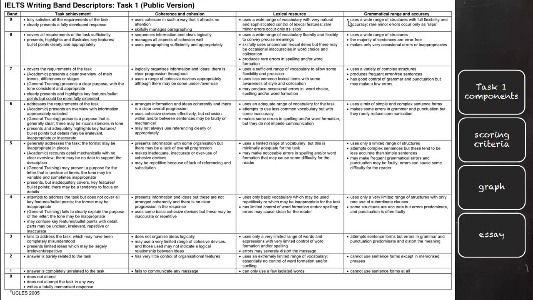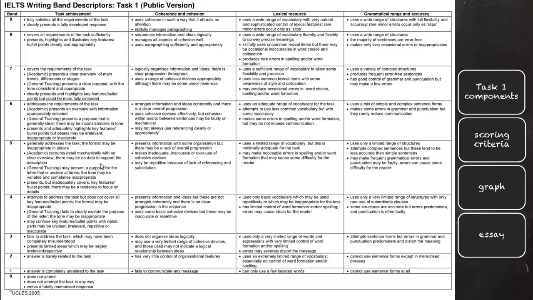Okay, so let's have a look. So perhaps you are focusing on getting an overall writing score of 6. Okay, so if we look at task achievement, which again, remember, this is how well did you answer the question. Now, let's look at band score 5. It says here, generally addresses the task. The format may be inappropriate in places, recounts detail mechanically with no clear overview.